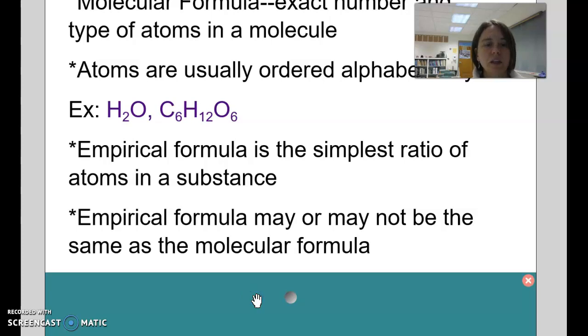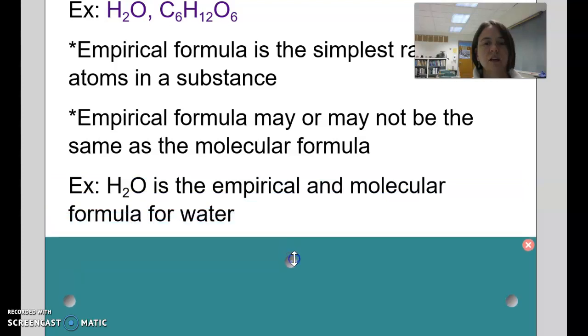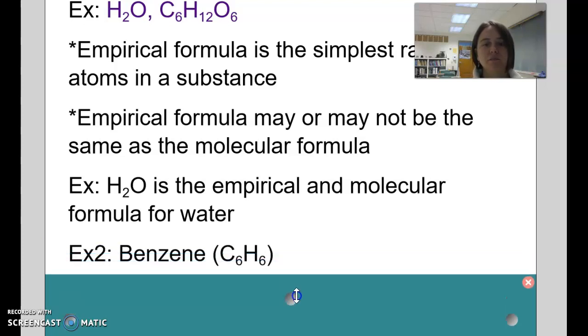The empirical formula may or may not be the same as the molecular formula. It depends on what the substance is. So, for example, H2O is the empirical formula and the molecular formula for water. It's H2O, 2 hydrogens connected to 1 oxygen, and that is already in lowest terms.